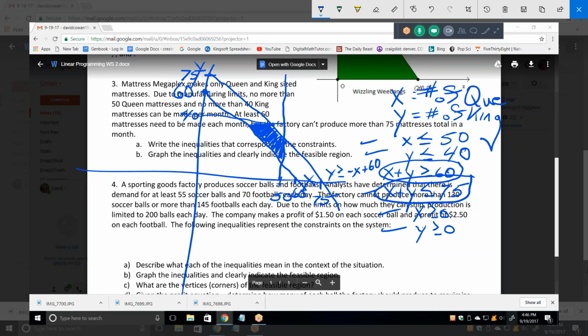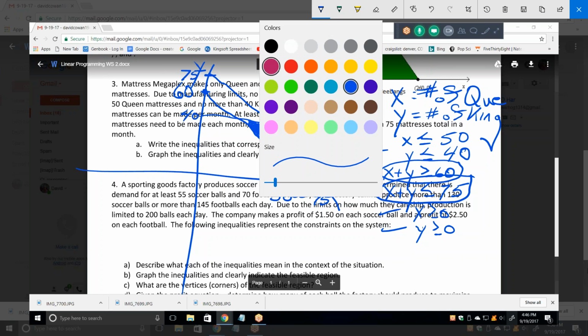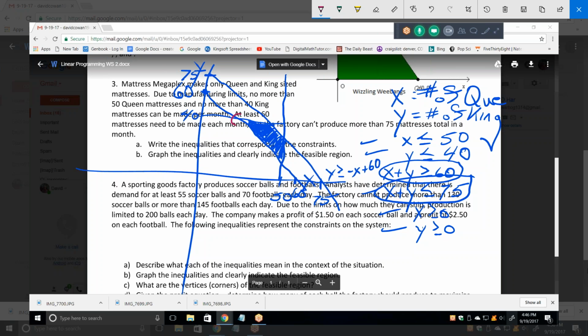Okay. Now, had they given us an objective function, we would have to plug in this coordinate, that coordinate, and that.